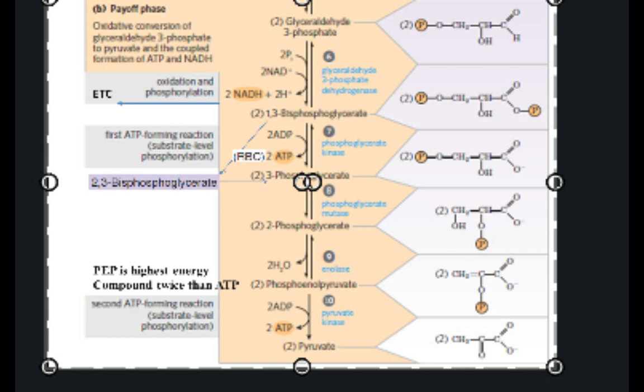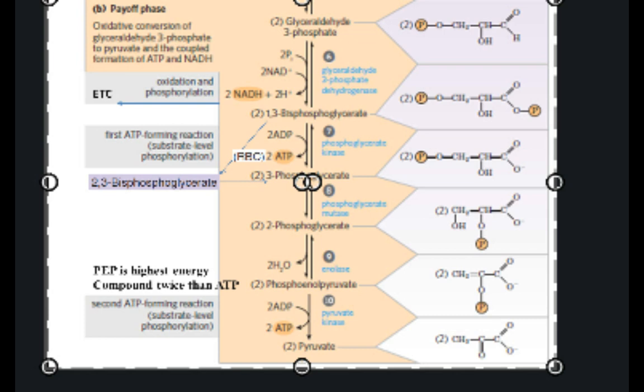So 6 plus 4, 10 ATP will be synthesized at the end of glycolysis in other cells, while 2 ATP are used in the preparatory phase. If we subtract these 2 ATP, the net gain of ATP at the end of glycolysis is 8 ATP.